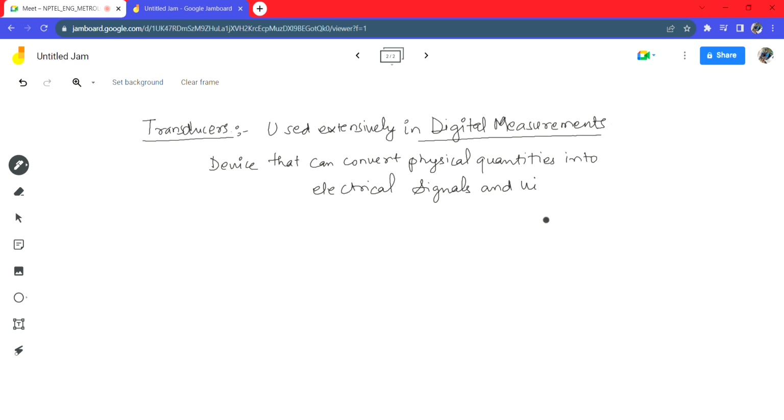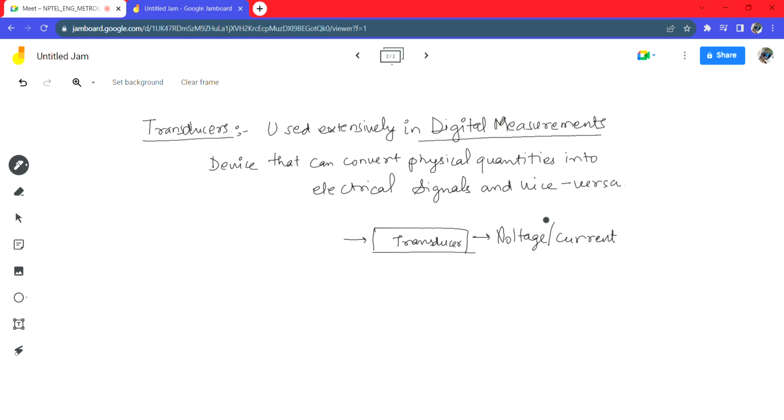This means that if we have a physical quantity and we subject it to the transducer, it will be capable of converting it to a voltage or current.